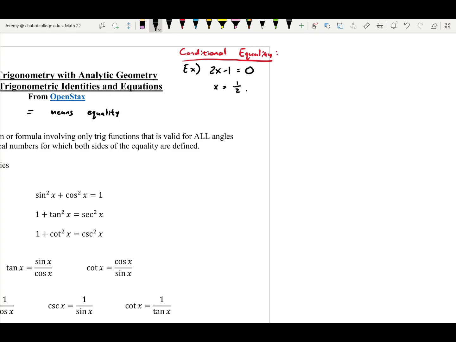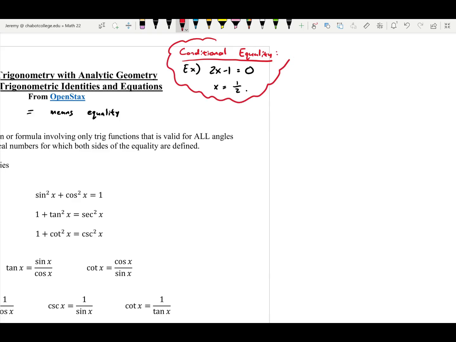Any other value of x will give us a false statement. If I put in 0 for x into our original equation, we would get -1 equals 0, which is not a true statement. So this is a very basic example of conditional equality, where we get a true statement only for a very particular value of x.